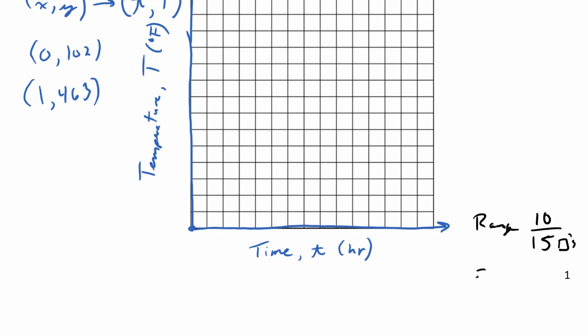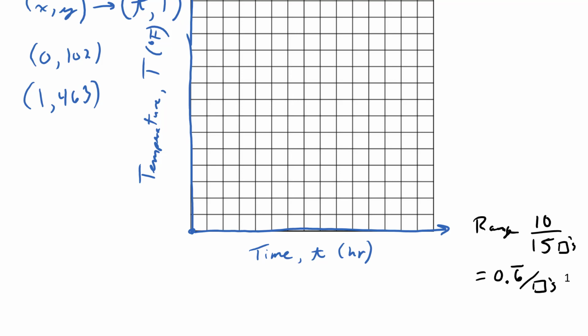When I do that, I get 0.6666 units per box. What this represents is that every box is 0.666 units. I don't want to place 0.666 on my graph, but if I multiplied that by 3, this works out to 2 units.